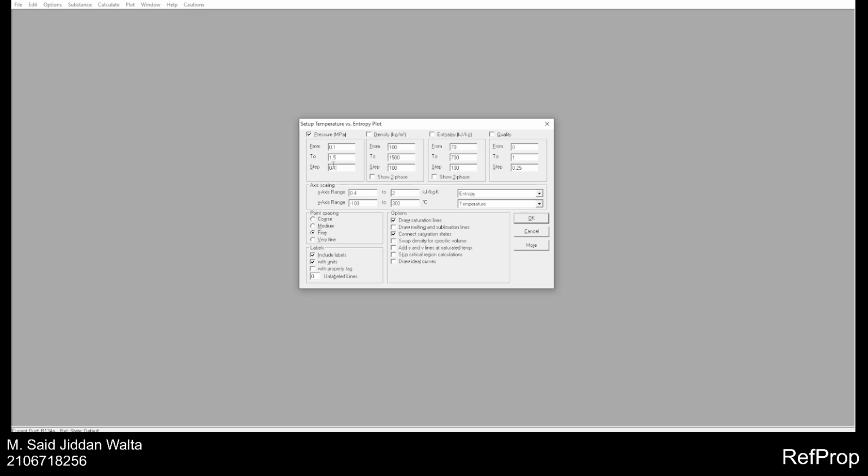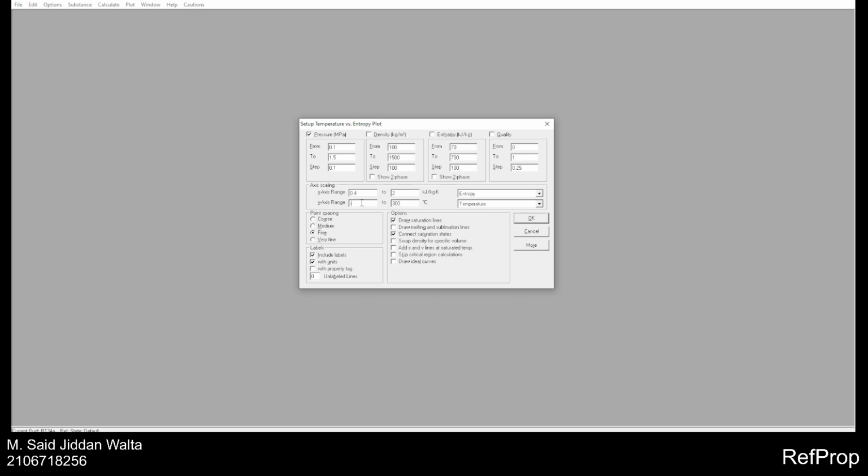For the axis scaling, for the temperature, we are given that the lower temperature is minus 13, which is the temperature of refrigeration that we are expected to keep. So we don't need to go from minus 100.